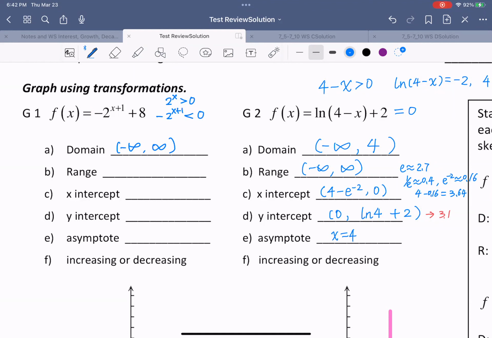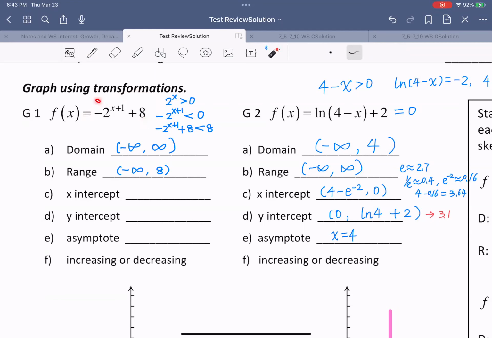And when you plus 8, you will be less than 8. But you couldn't equal the horizontal asymptote for an exponential function. The asymptote couldn't be crossed. So you have negative infinity to 8.